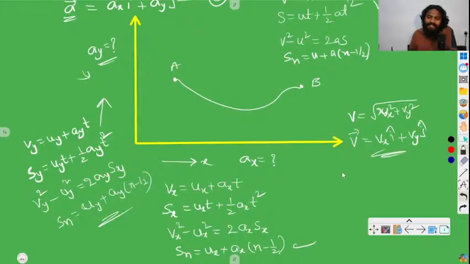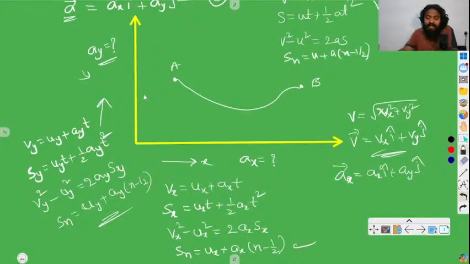Or if you want the acceleration, then a = ax î + ay ĵ, right? This is the acceleration vector. Whatever physical quantity you want to find out, you can find them individually. It makes your work very easy.